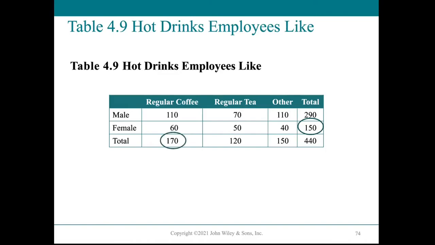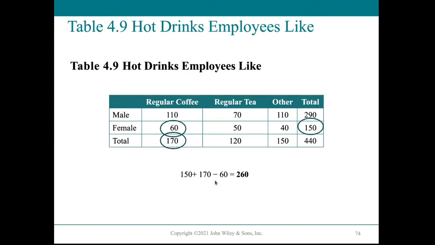So we have 150 female employees and 170 respondents who like regular coffee. And the number of females who like regular coffee is 60. So we are looking at respondents who are female or like regular coffee. We just add 150, the number of females, plus 170, the number of respondents, whether male or female, who like coffee.